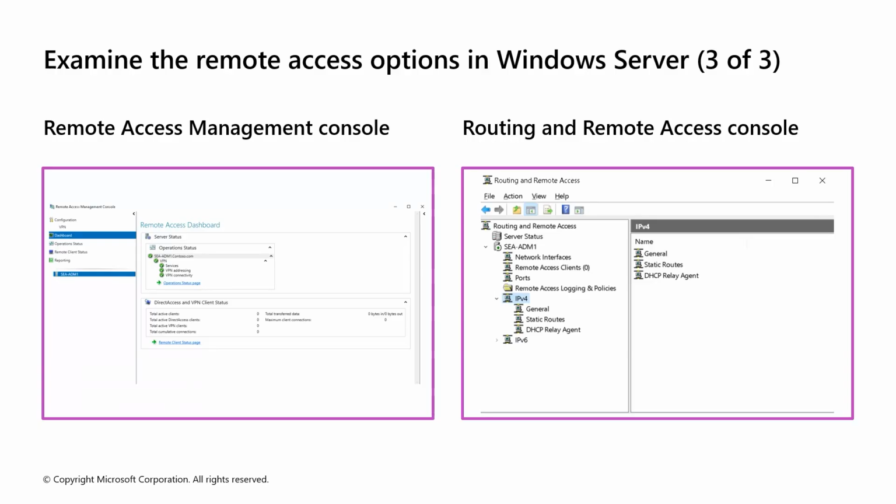The Routing and Remote Access Console is used to configure the server as a NAT device, router, DHCP proxy, or VPN server. These tools provide flexibility for managing remote access according to your organization's requirements.